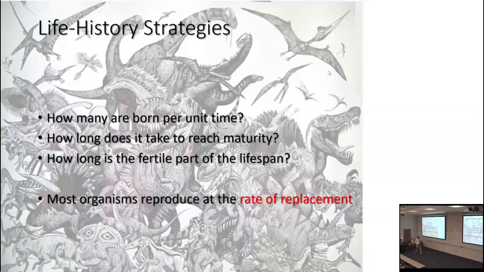So, for any given pair of adults, on average, you would expect a pair of their offspring to make it all the way to reproductive adulthood, and that's what keeps populations generally level. And there are different strategies towards achieving this.